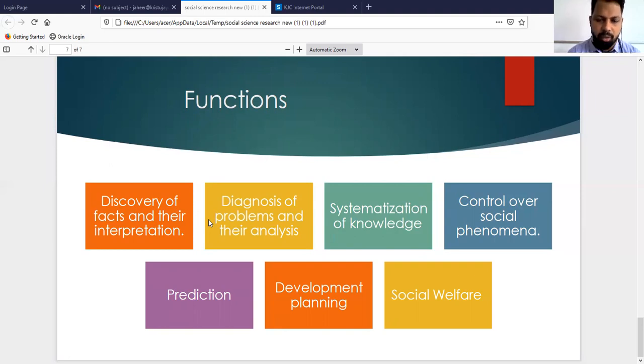Based on those recommendations, the government will implement new policies and programs for the development of that group. So development planning is one of the major functions of social science research. Earlier in India also we followed the planning methodology, and most of the programs were implemented on the basis of this kind of research.